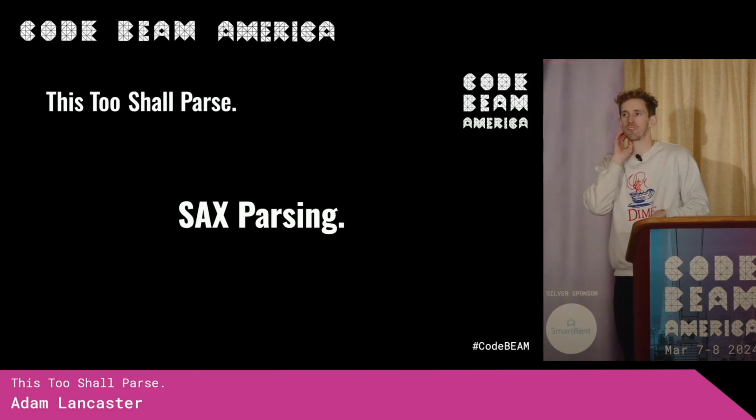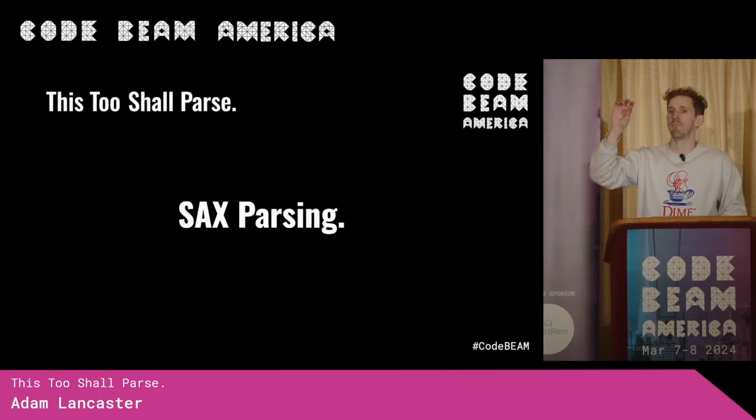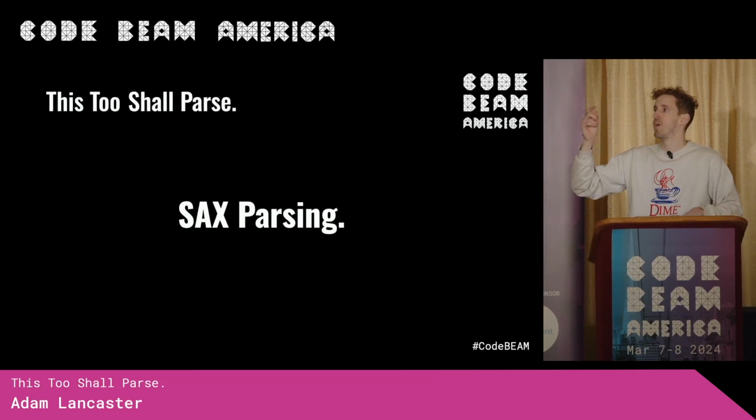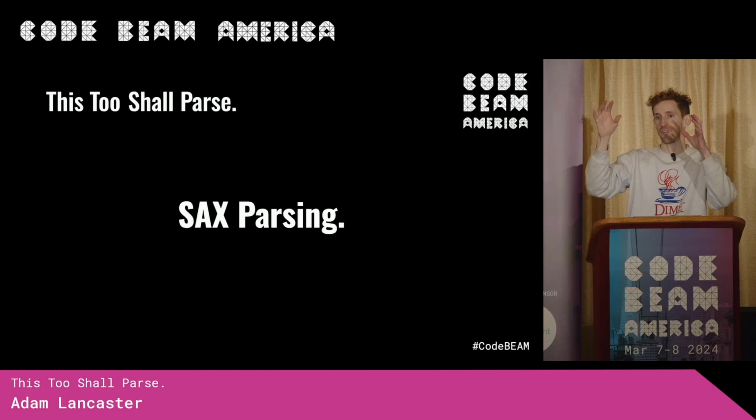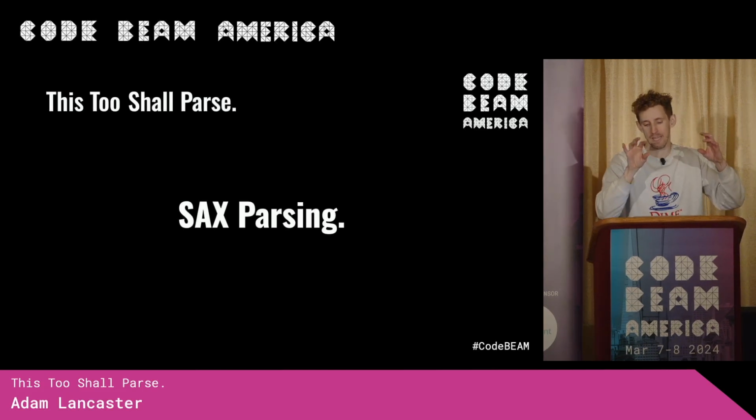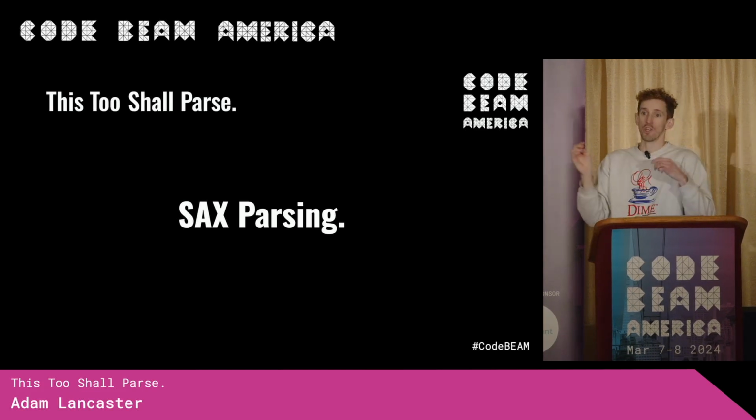So, for example, you would see the node name and maybe a list of attributes for that node in the XML. You'd get called with that information, like, hey, here's the node name, here's the attributes that you have. Do what you want with it.